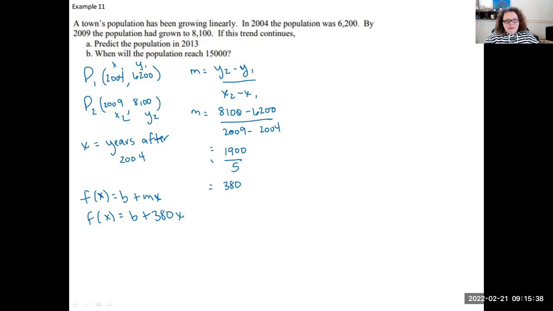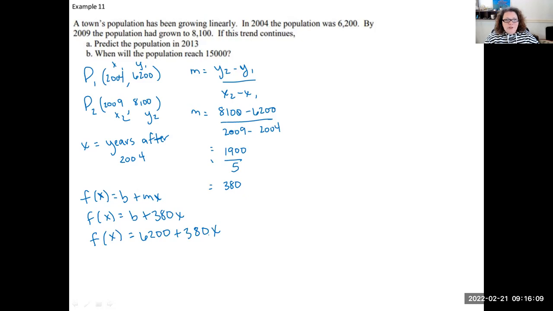And I could just say the years after 2004 is X. So then all I have to do here is say f of X is equal to 6,200, which is what the actual population was in 2004, but it's increasing by 380 people every year. We can do that.